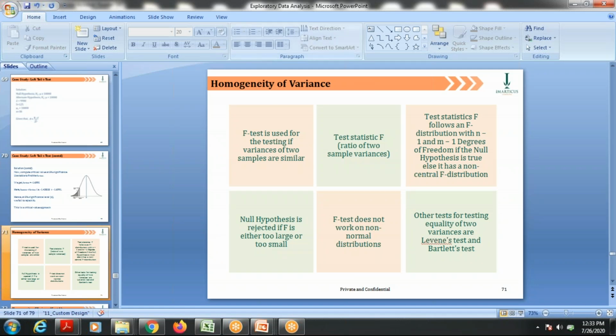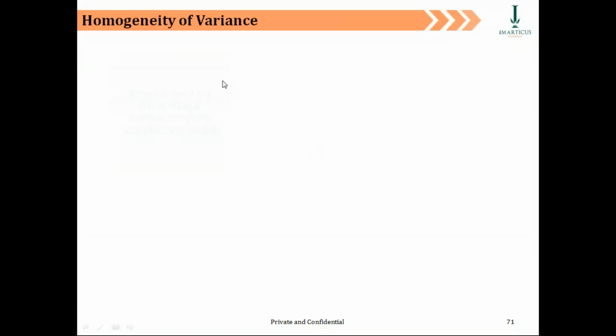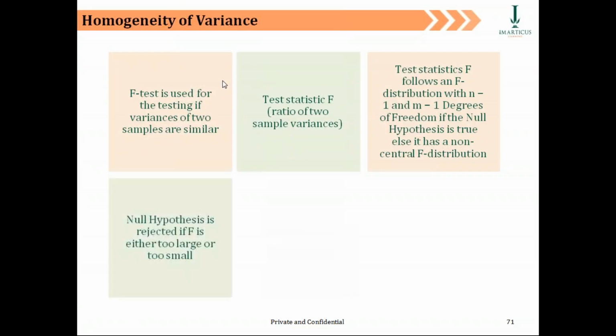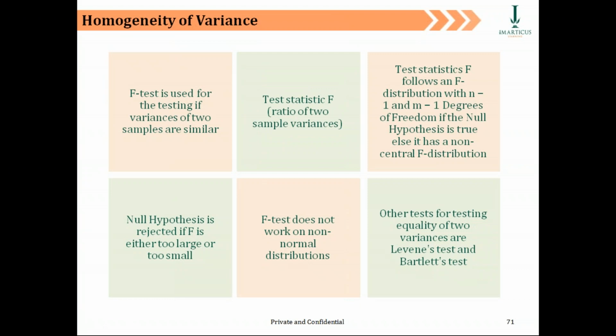Now, we discuss this F statistic, that is homogeneity of variance. That is what I explained about the F test, and I will go quickly because we all know it. The F test is used to test whether the variances of the two samples are similar. That's what we try to check: whether the two samples look similar or not. The F statistic is the ratio of the two sample variances.